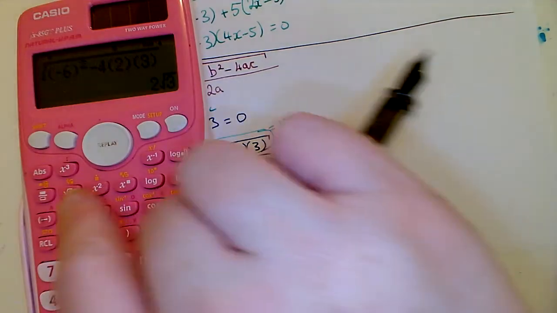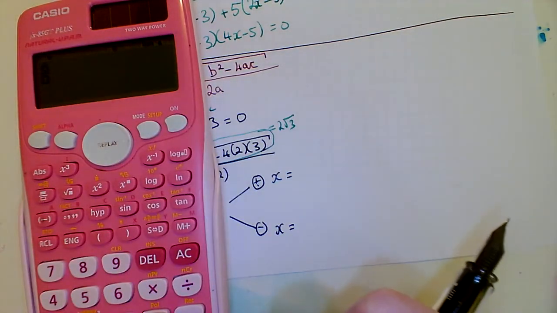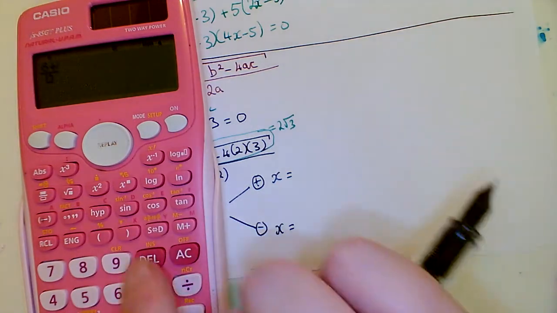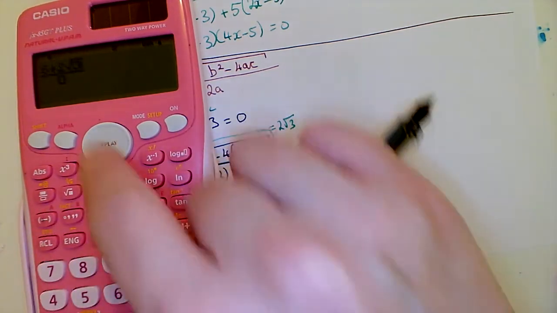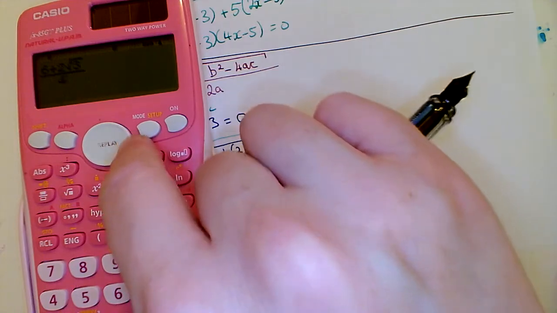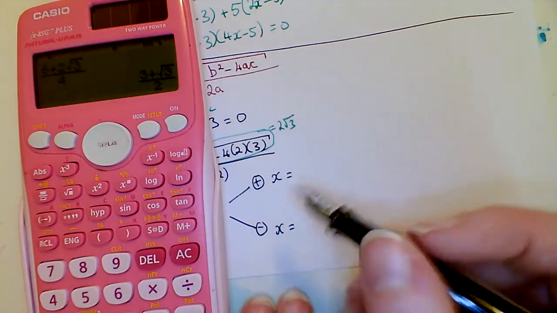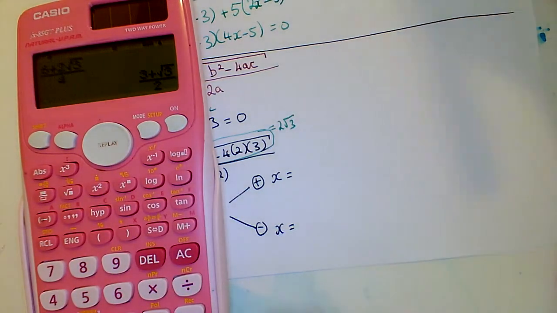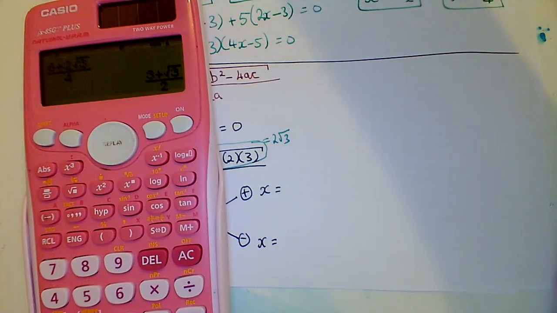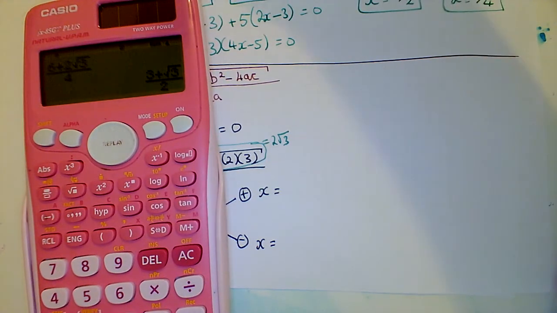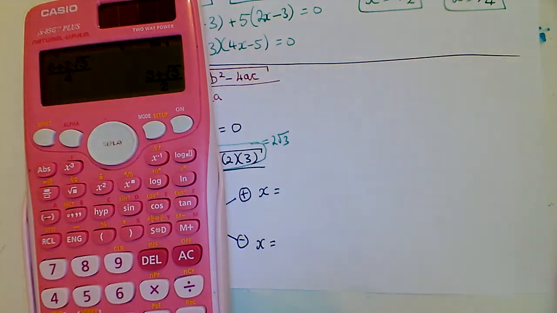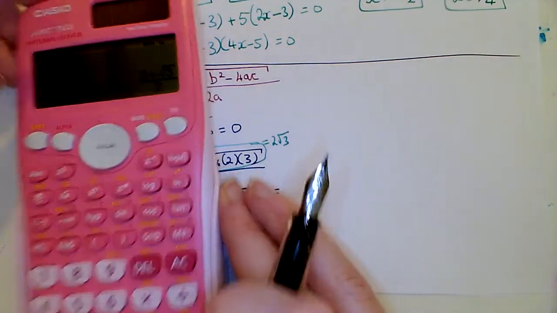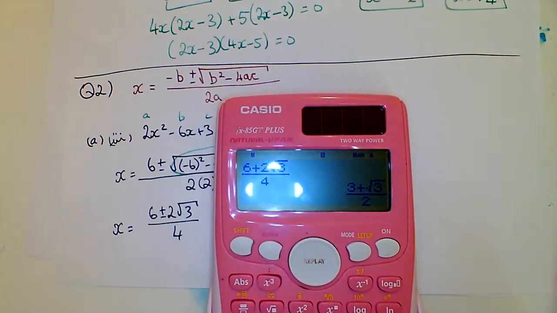So x is 6 plus 2 root 3 over 4. That's one answer. And they asked for this to, just double check, one decimal place. So I can't leave it like this.